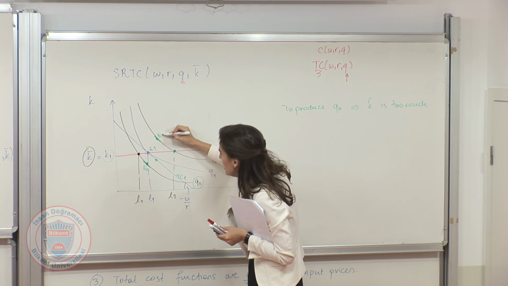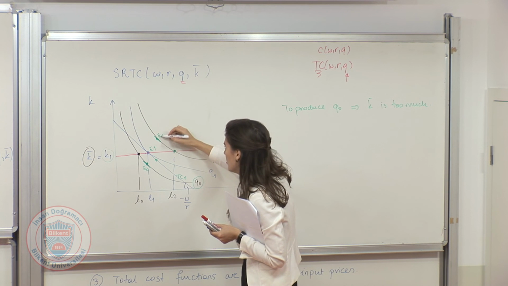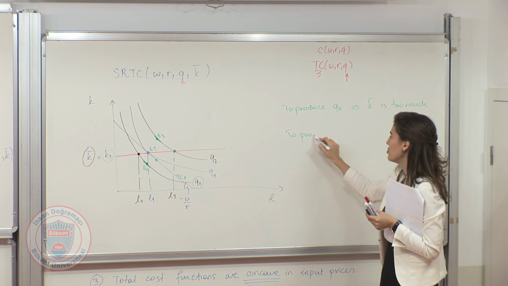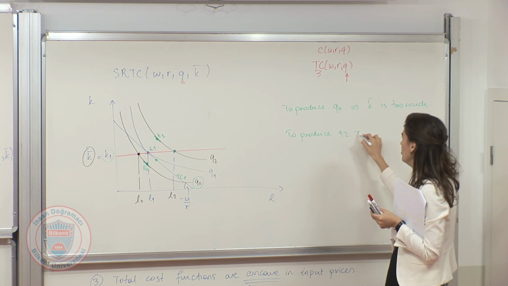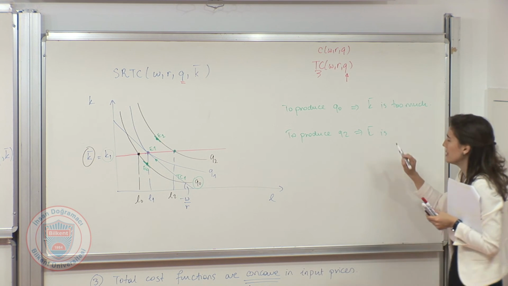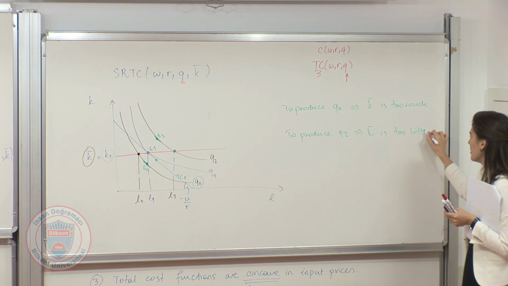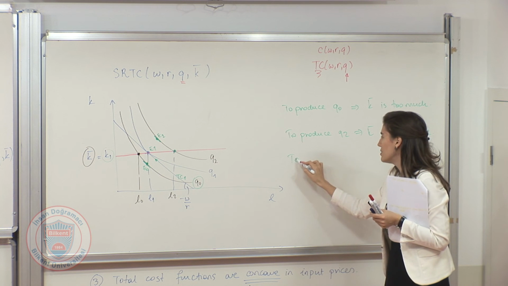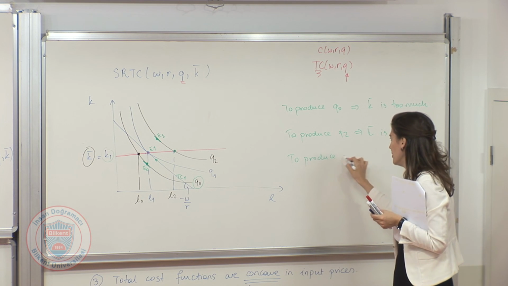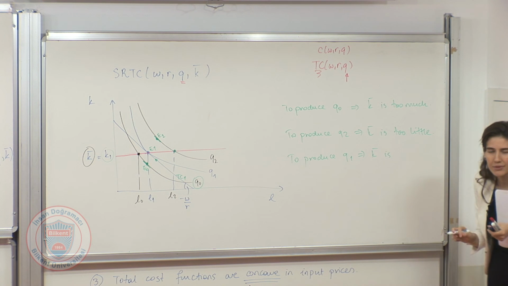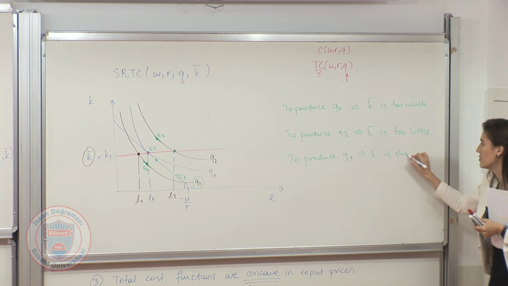Let's call it E2. So to produce Q2, K bar is too little. And to produce Q1, K bar is just enough, the optimal amount.